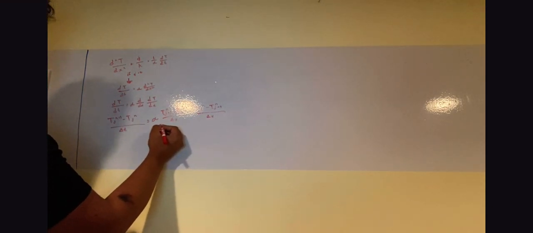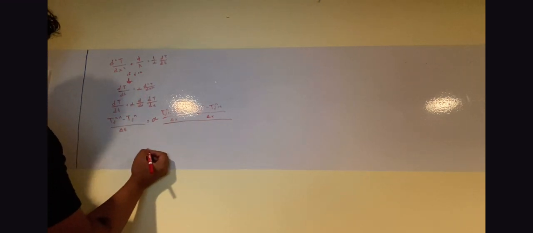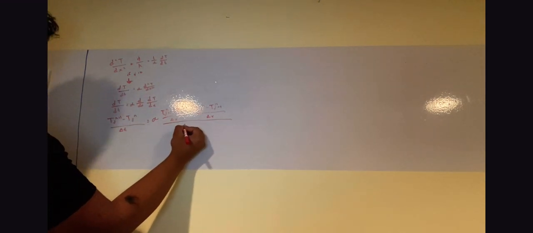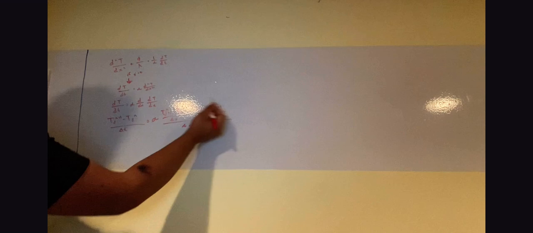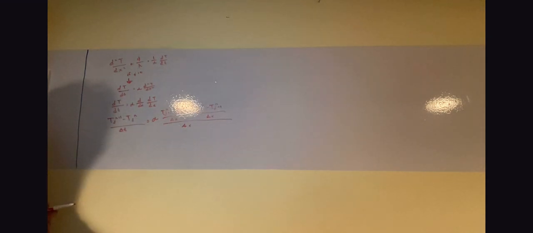And then we take that all over change in x. All right, so this will be our first finite difference approximation.